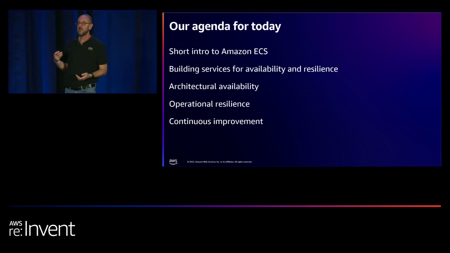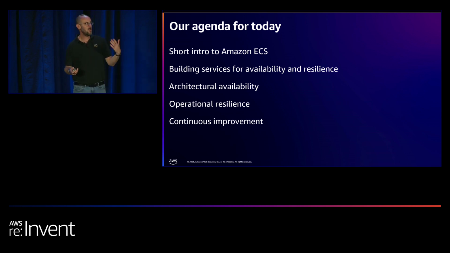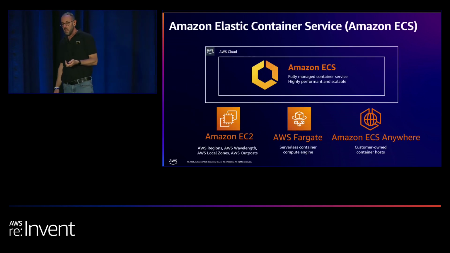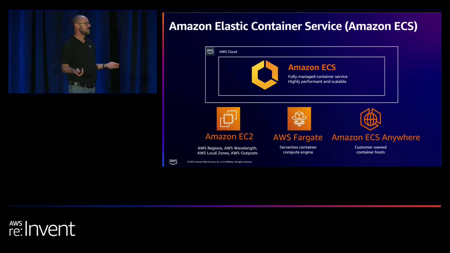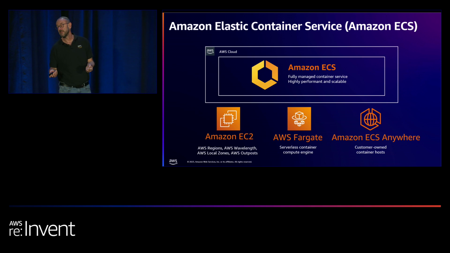Some concepts about architectural availability, resilience, and how we continuously improve. This is how we make our service what it is, that allows you to deploy your applications in a safe, simple, and reliable way.